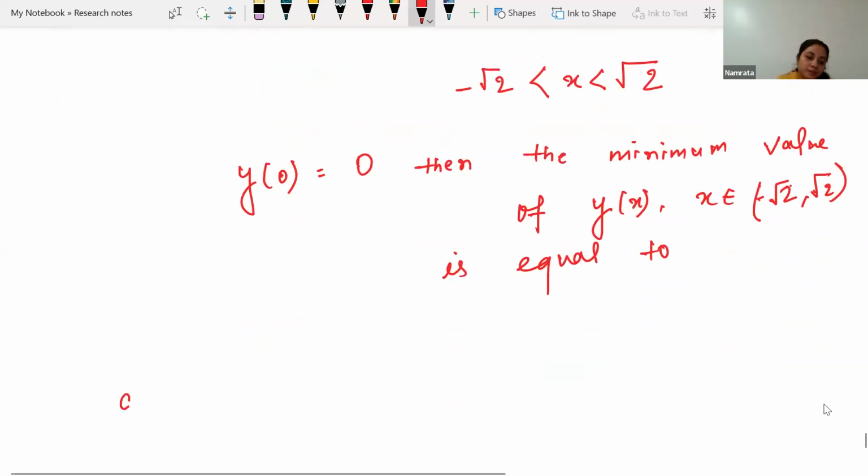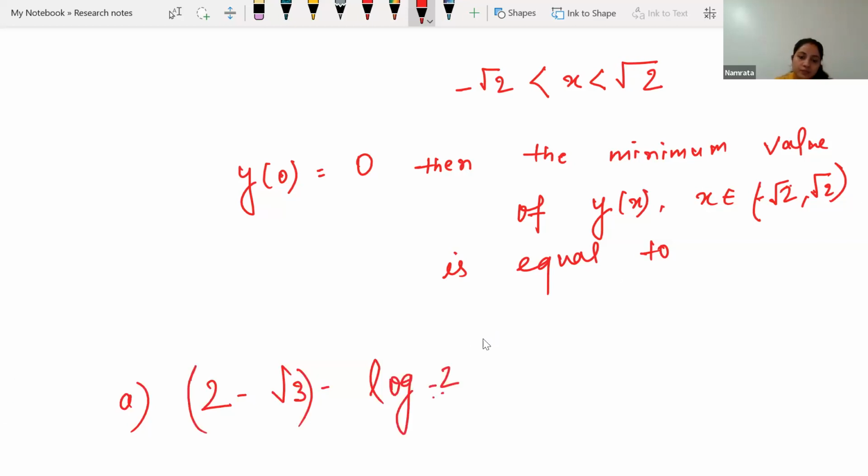Option A: 2 minus root 3 minus log 2 base e.